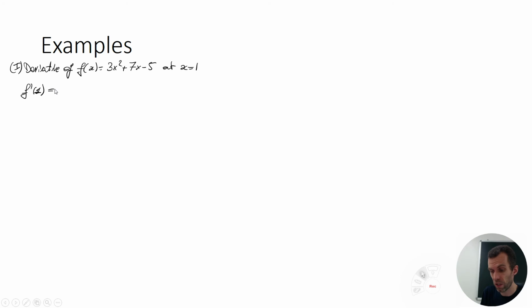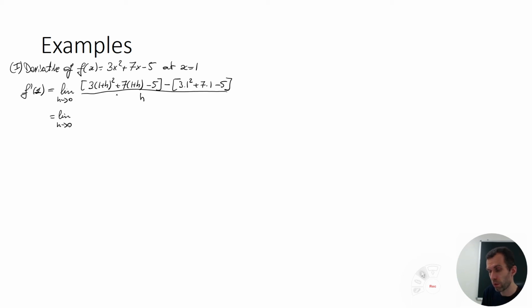And we'll use the second form, so it's the limit of h going to 0 of 3 times 1 plus h squared plus 7 times 1 plus h minus 5, minus the value of the function, so 3 times 1 squared plus 7 times 1 minus 5, and all of that divided by h.